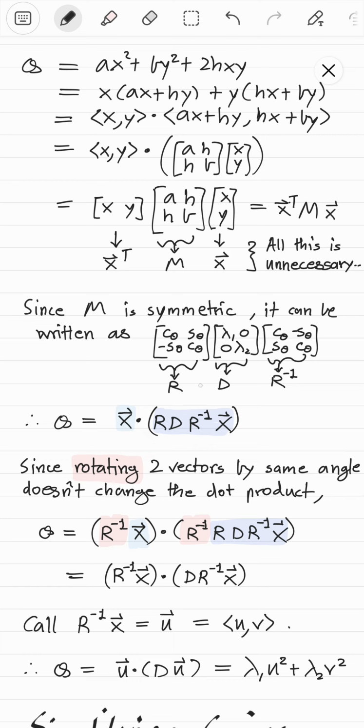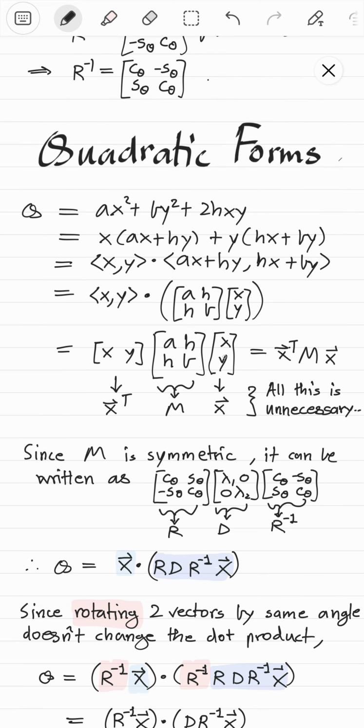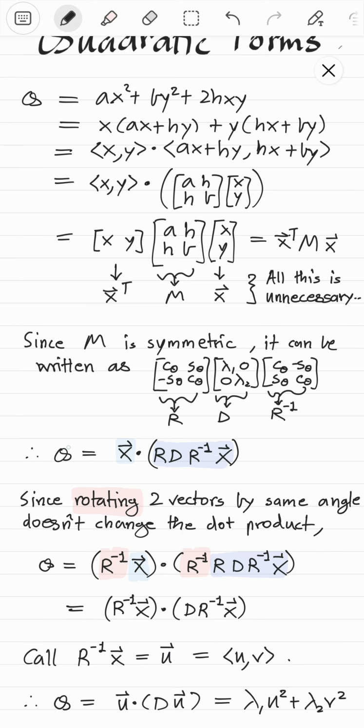So q can be written as the x vector dotted with R D R inverse applied on the x vector, and the x vector is of course (x, y), x i hat plus y j hat, you know the deal. Yes, so you have written q like this.